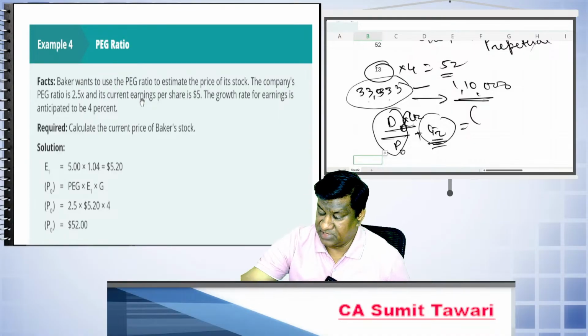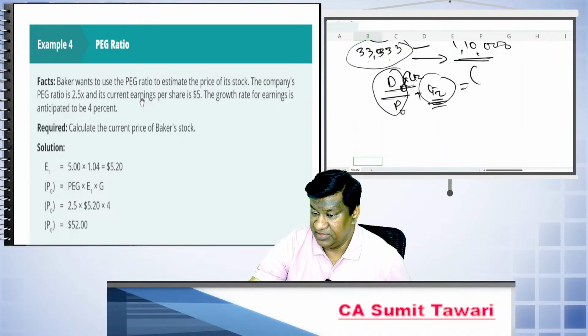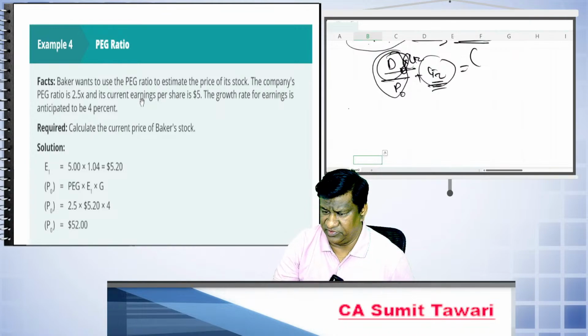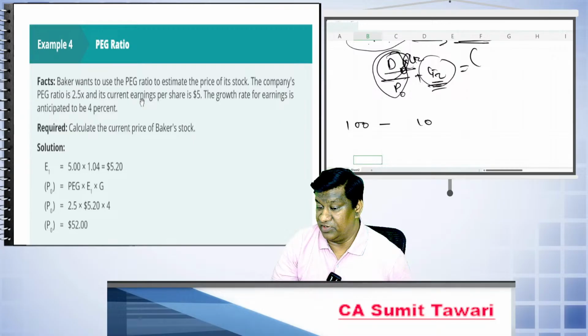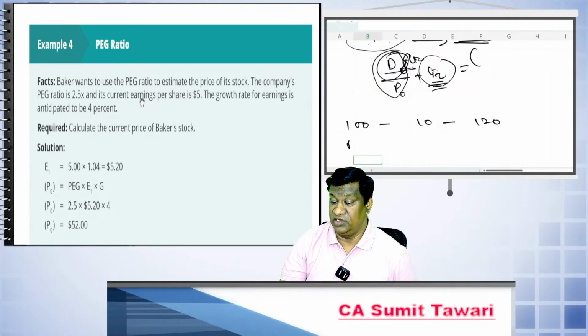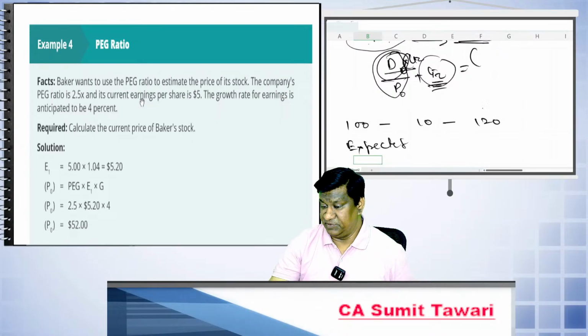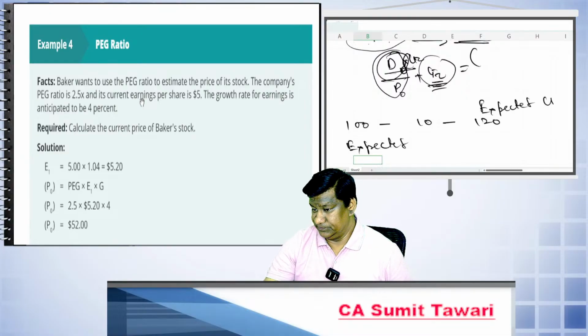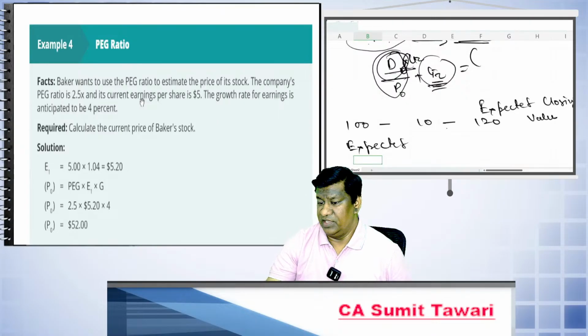Okay, see, sometimes what happens, you may get an example, a good question actually. Share value is 100, you are getting a 10 dividend, and the closing value is 120. What is your expected earning? This is the expected closing value, and this is the expected dividend. What is your expected earning?